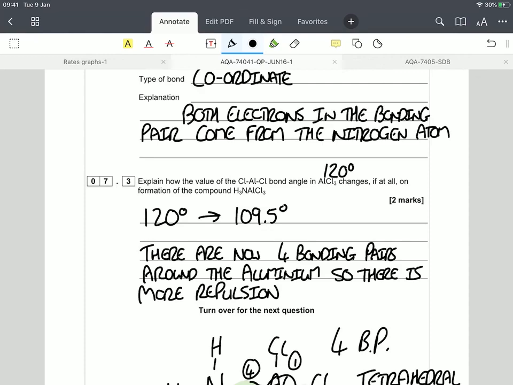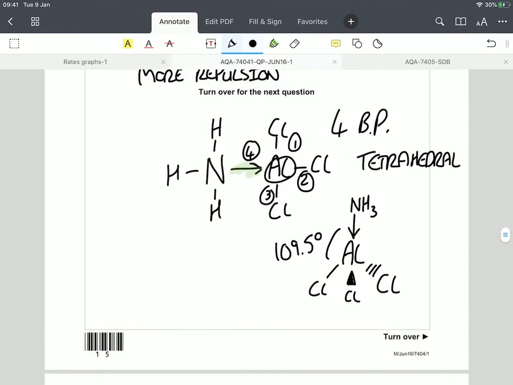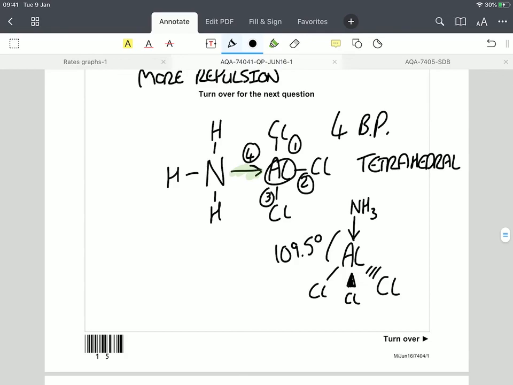In other words, the bonding pairs that were there initially and this new one that's just been added, they all get pushed slightly closer together because there's basically less space per bonding pair, right? Because 3 bonding pairs had all this space to occupy. You add in another one, the rest of them have to go closer together. And they'll all be equal, despite the fact that one of them is a coordinate bond. They'll all be pretty much equal. Sometimes the atom that's on the end of the bond does have a bit of an influence, so it might not be exactly 109.5 actually, but it'll be pretty close. Okay? Good.